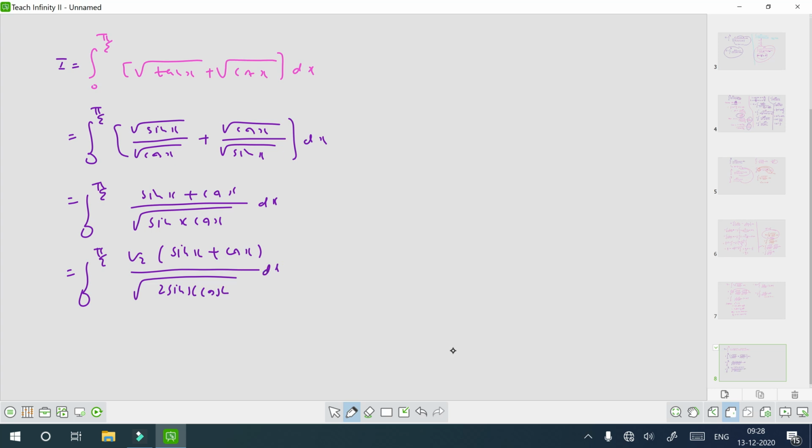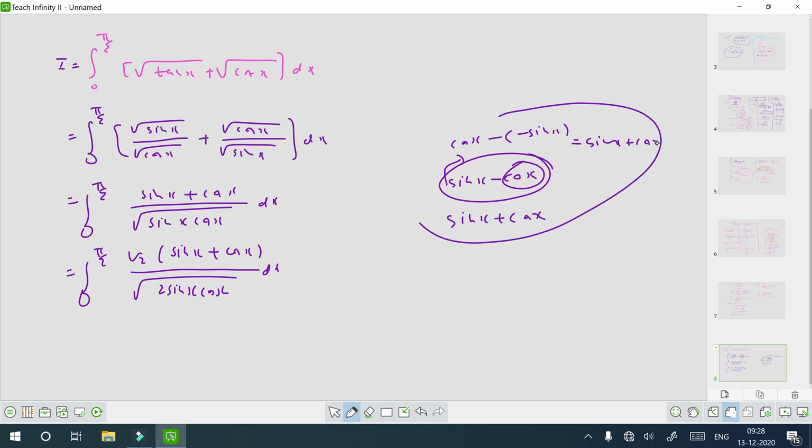Now see, sin x plus cos x is the derivative of sin x minus cos x. Yes or no? Differentiation of sin x is cos x, minus what? Differentiation of cos x is minus sin x. So that is equal to sin x plus cos x, which is a derivative of sin x minus cos x. So try to arrange the denominator quantity in terms of sin x minus cos x. How?